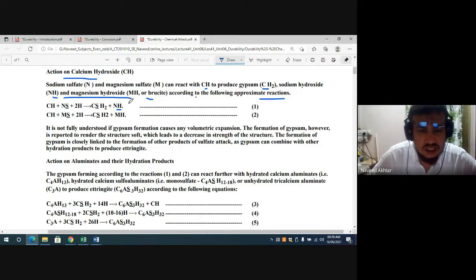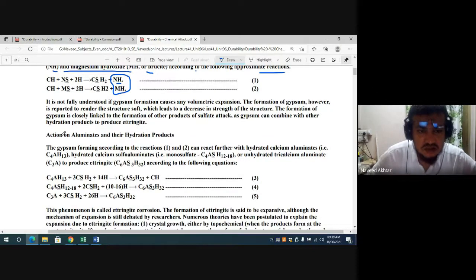So these are harmful and they cause expansion in the concrete, and that will cause distress in the concrete.